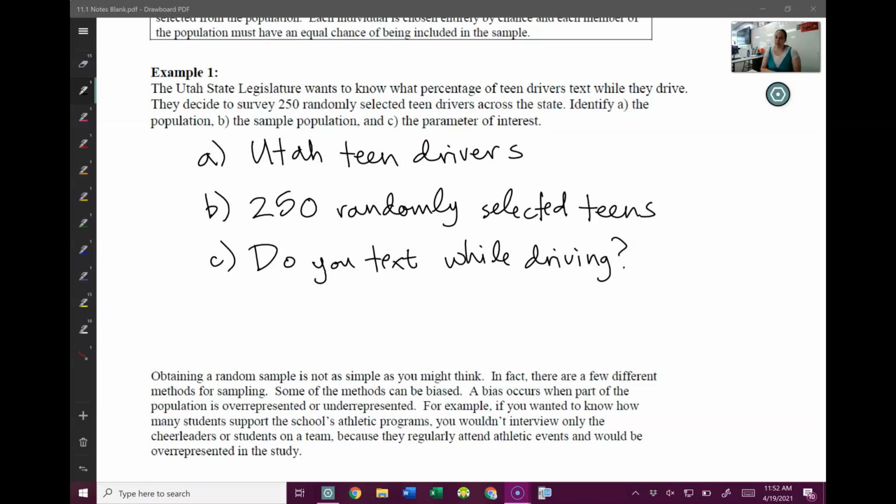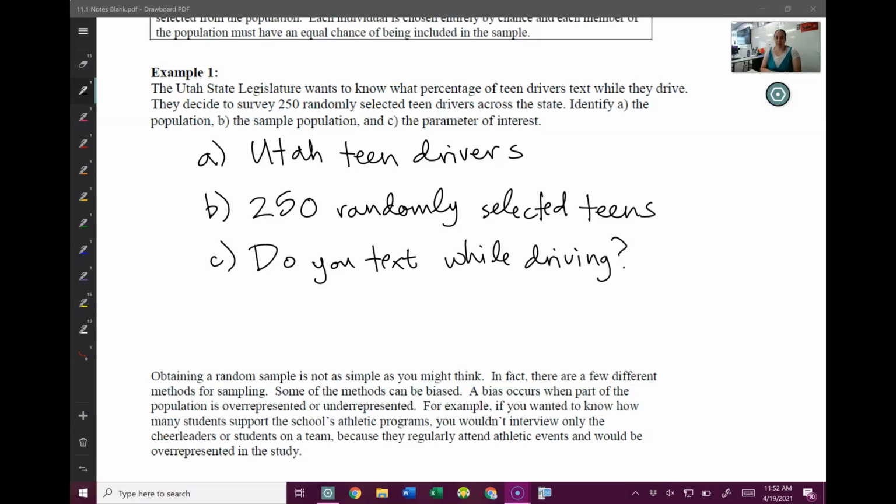Absolutely. Let's say I pick 250 teen drivers in downtown Salt Lake versus in rural Tooele. That geographic difference of my sample could influence the way that those people answer, because they grew up in different cultures and different lifestyles, and they'll have different answers to this question.